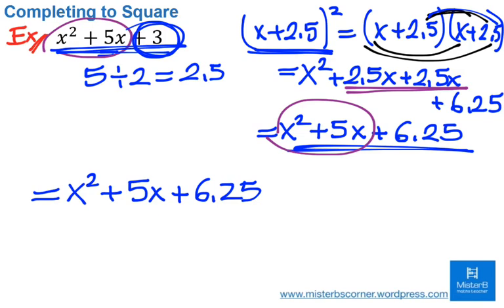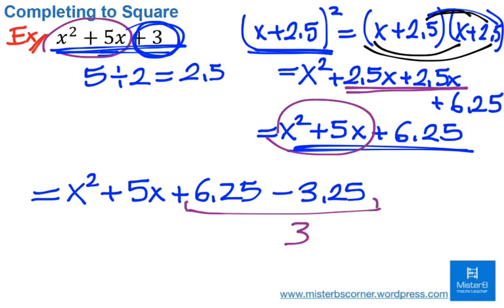Now how can I end up with 3? Well, I can take away 3.25, right? 6.25 minus 3.25 gives me 3. So this bit is 3.